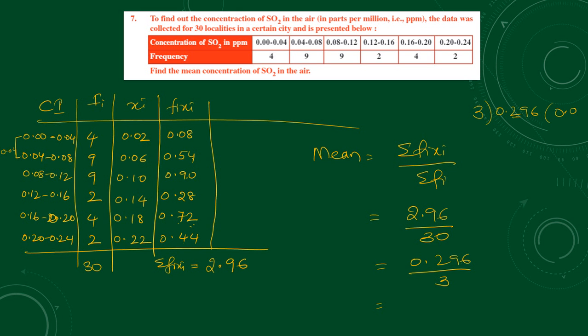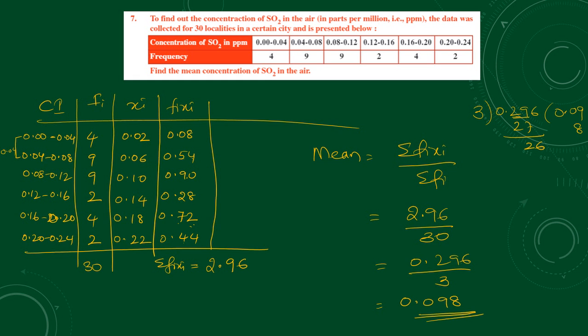Then I can consider 29. 3 nines are 27. Again I am going to get 26, which is near about 8 times. So 0.98, so this gives me 0.098. This is nothing but the approximate value, so this is the mean concentration of SO2 in the air.